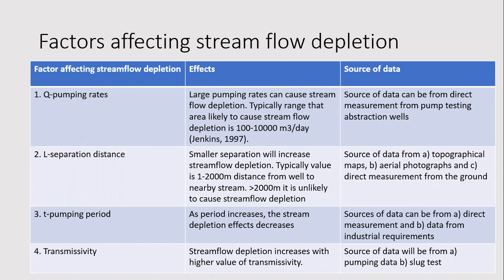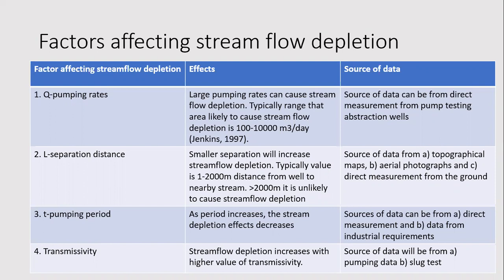And number 4, we can have our transmissivity. Stream flow depletion increases with high value of transmissivity. Transmissivity is a concept where you have the transmission of water through a unit length of an aquifer. So if you have high transmissivity, there's a high chance of stream flow depletion. We must keep in mind that these factors are used interchangeably.